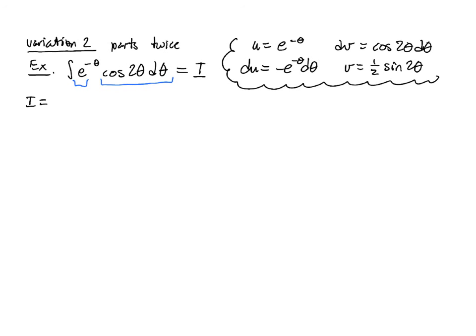So I have I equals, I'm going to use my integration by parts formula, so u times v minus the antiderivative of v du, and I'll simplify that a little bit.